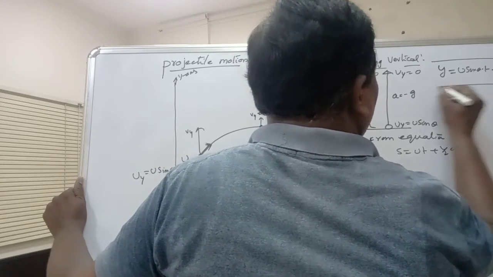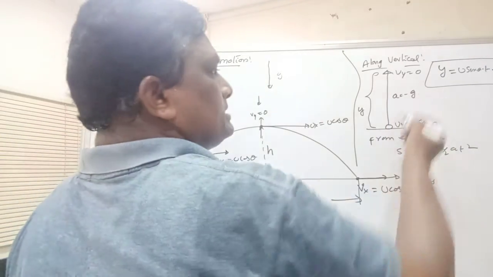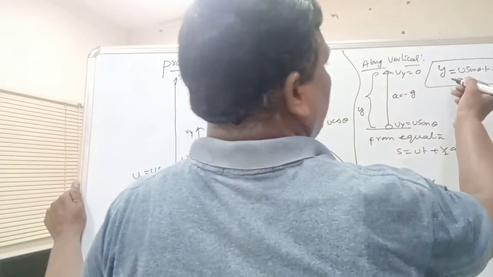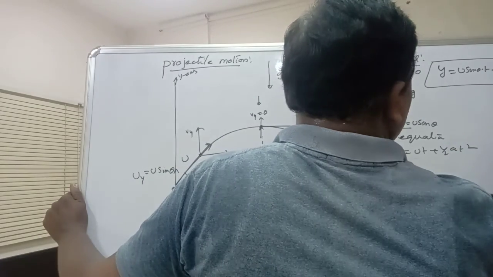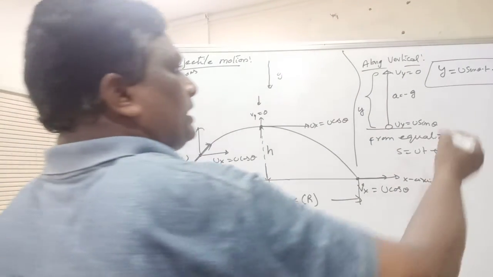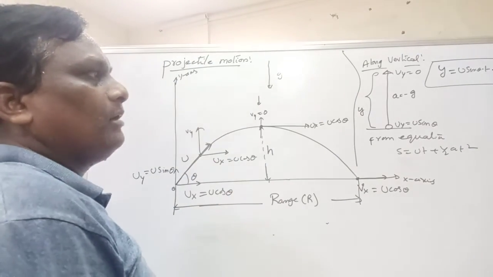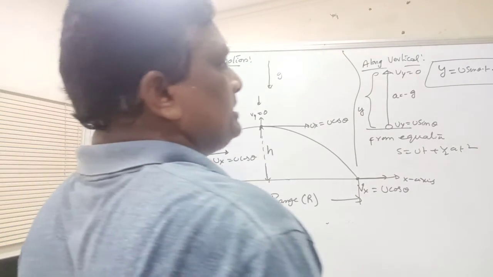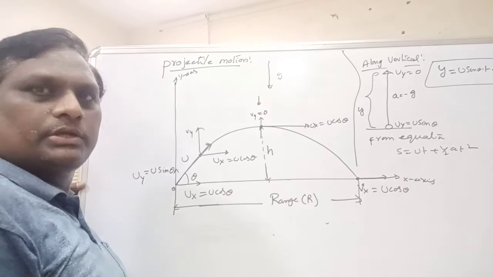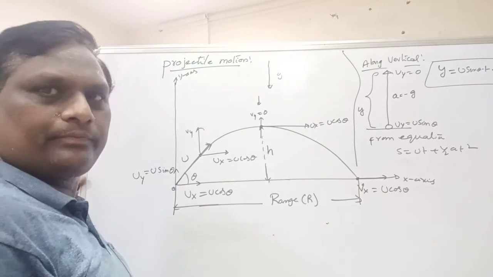Why am I taking minus? Because acceleration a is equal to minus g, as it is the upward direction. So this is the vertical displacement equation, assume it is equation number 1: y is equal to u sin theta into t minus half g t square.